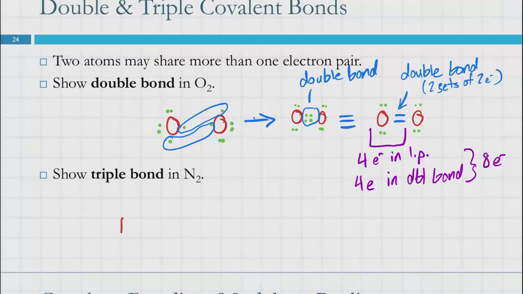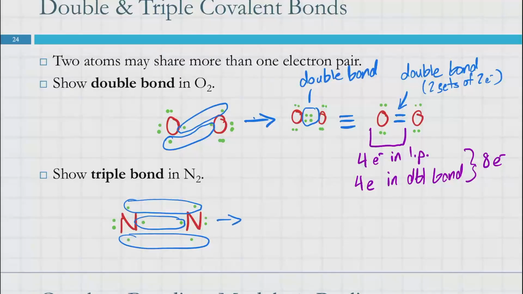A similar thing happens in nitrogen, but nitrogen needs to share more electrons. So we can form 3 bonds. Which we could represent with 3 sets of dots, 3 colons, like that.